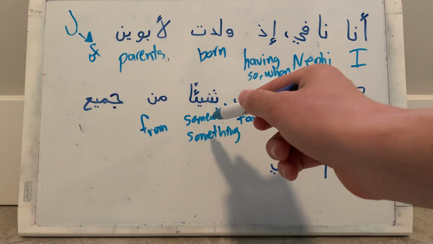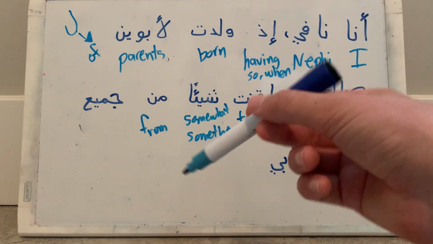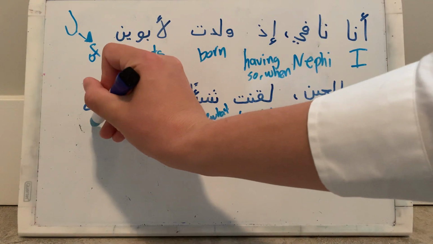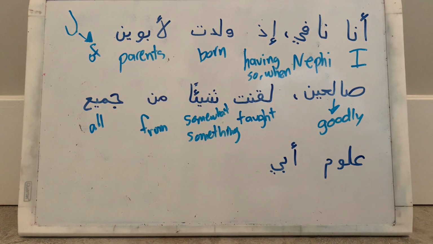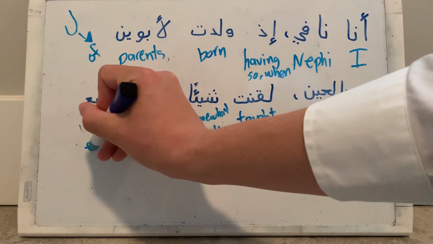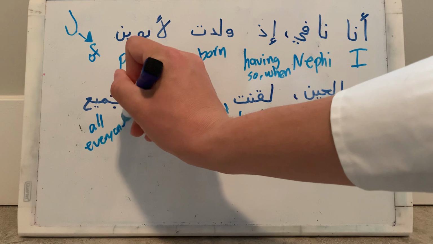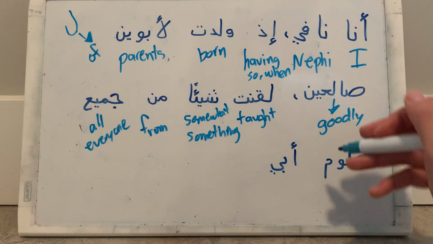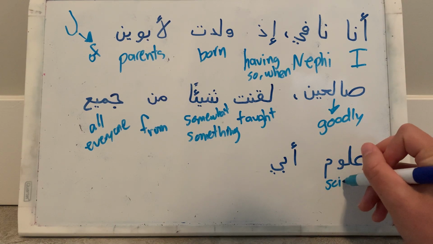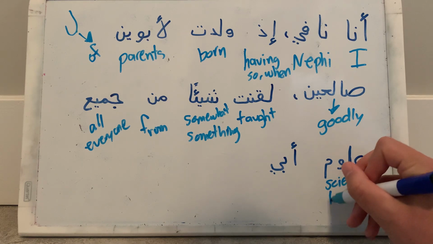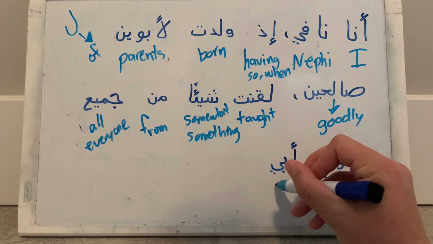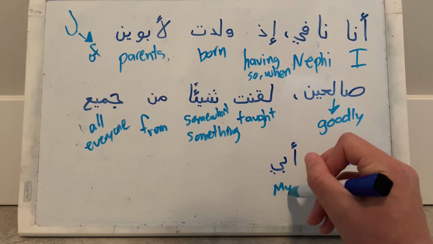So taught somewhat from jamii, another word that's really important to know, which means all, or everyone. And jamii ulum means science or teachings. And abi means my father.